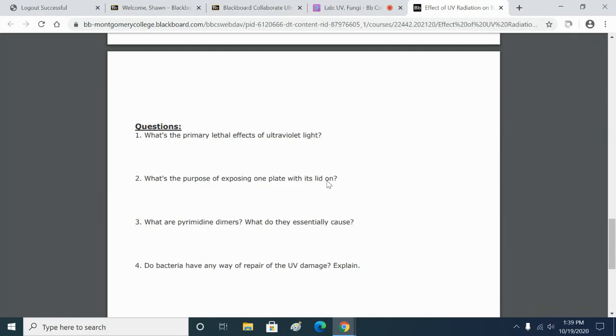Number 3, what are pyrimidine dimers? So remember, purines and pyrimidines are the nucleotides, the A, T, G, C, and U. And so specifically, what are thymine dimers? What actually happens to create a thymine dimer?